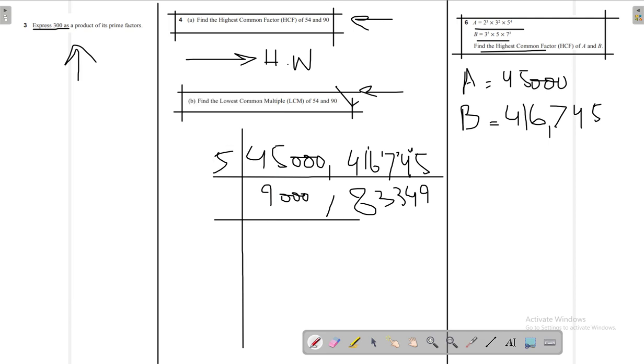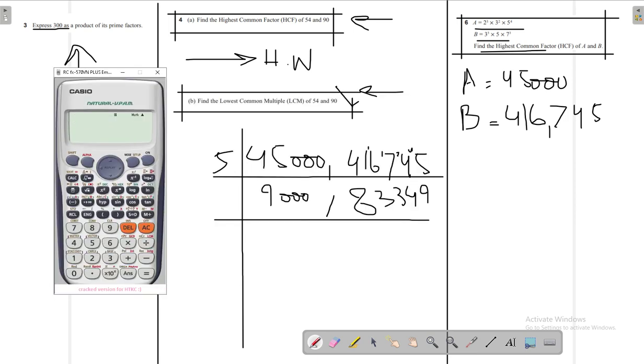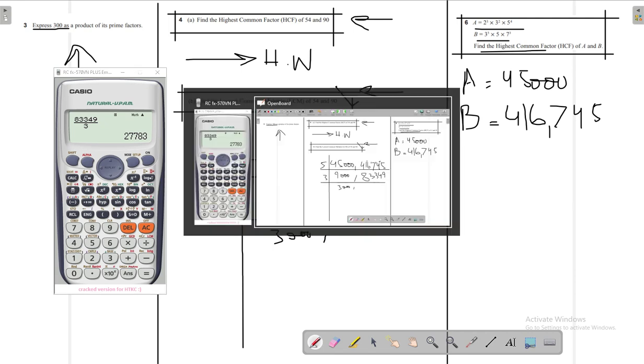Now this term we can easily divide by 3, so we're going to do it in the calculator. 9000 is obviously going to be 3000, and we have to see if this number gets divided by 3. Alright, so this number does get divided by 3. We're going to write the result over here, which was 27,783.